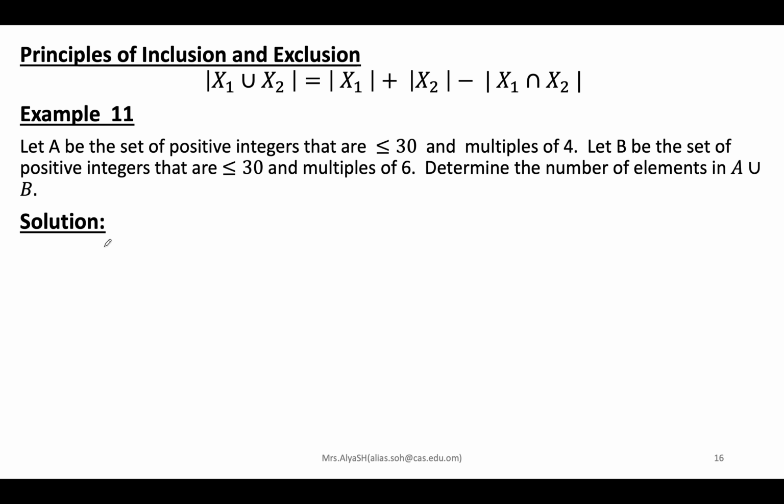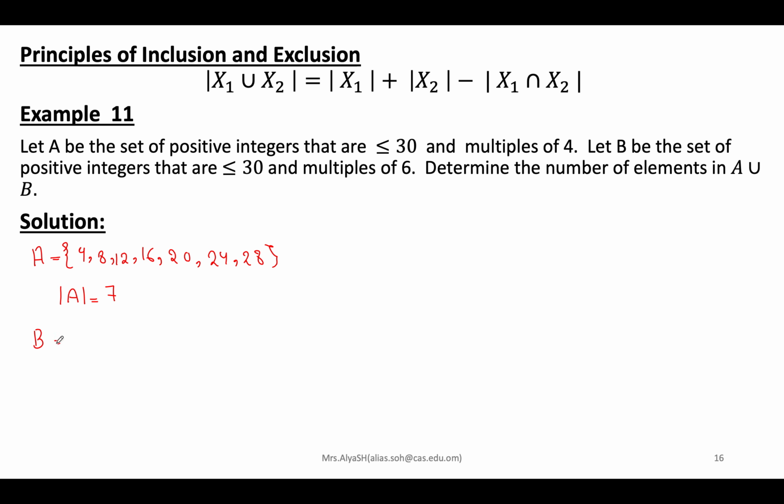What we do first is identify the elements of A. Set A is all the integers less than 30 and multiples of 4. So the integers that are less than 30 and multiples of 4 are 4, 8, 12, 16, 20, 24, and 28. Here we got that the number of elements in A is 7.